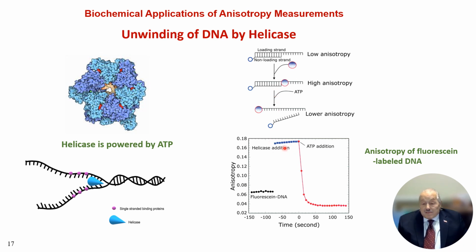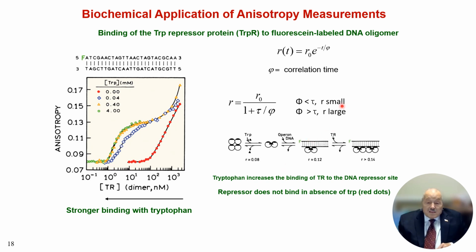So we know it's bound to the helicase, and it's not really doing anything, it's just sitting there, because we need some ATPase to catalyze it, or ATP. So you add a little bit of ATP and zap, it gets immediately changed into single-stranded form, and the anisotropy drops way down. This is one of the neatest examples of anisotropy measurements.